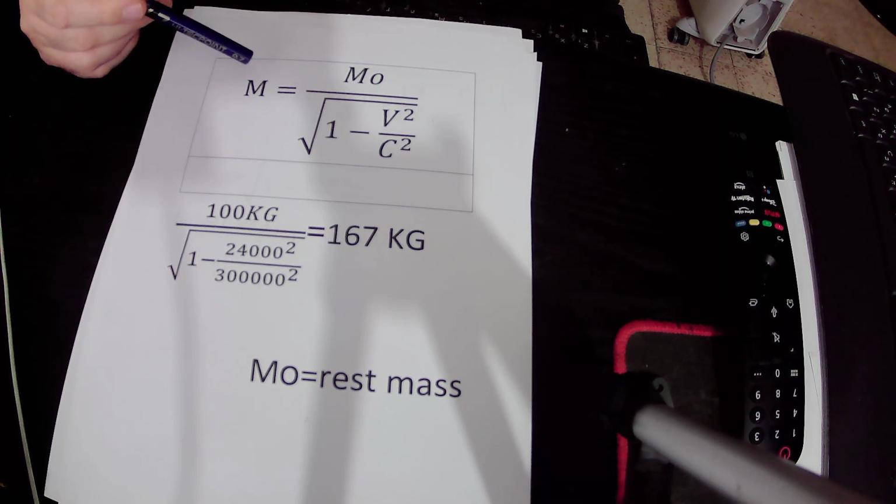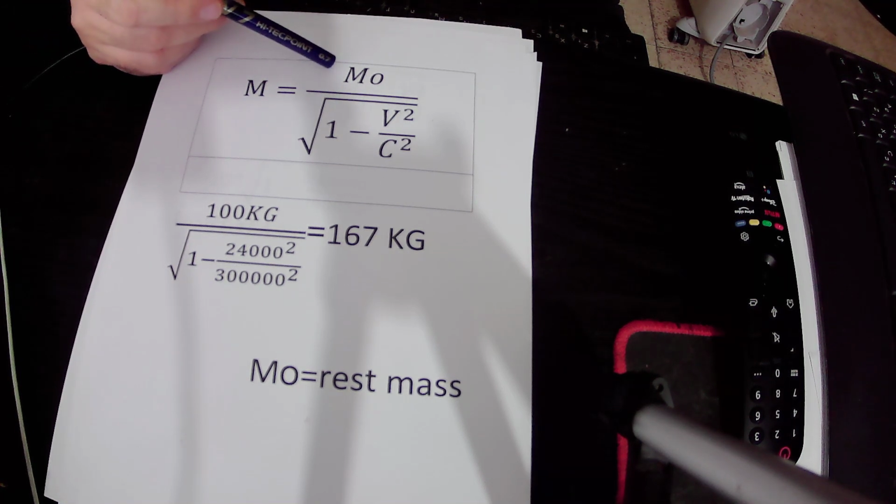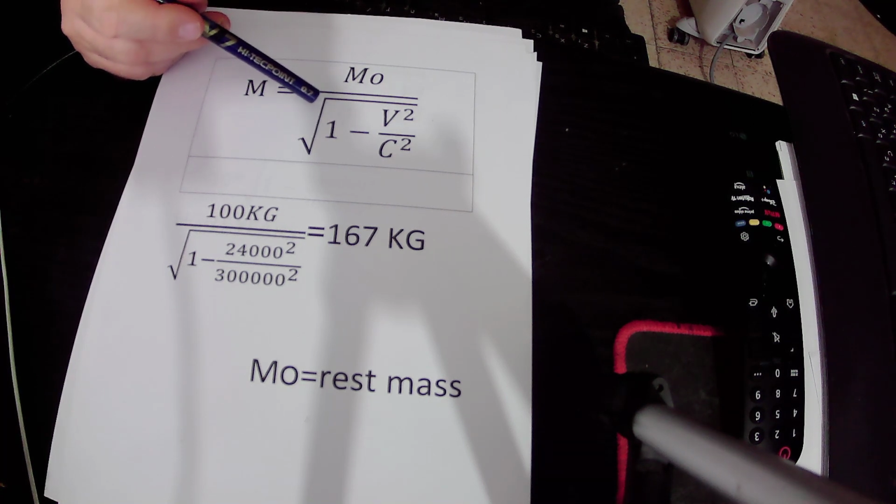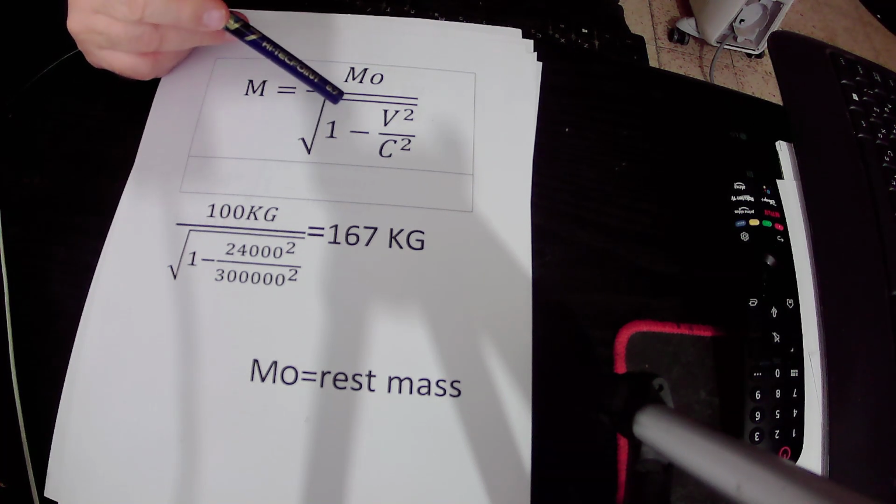So the increase in the mass of the object or the human or the body is m, that equals the mass of the body on Earth, that is not moving, divided by the root of 1 minus v squared divided by c squared.